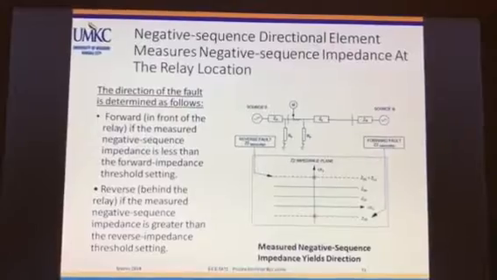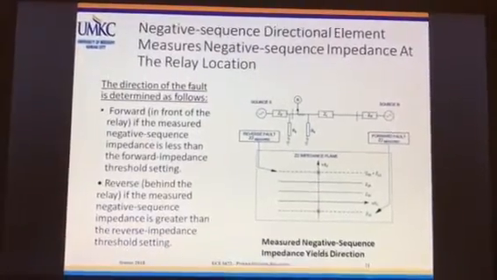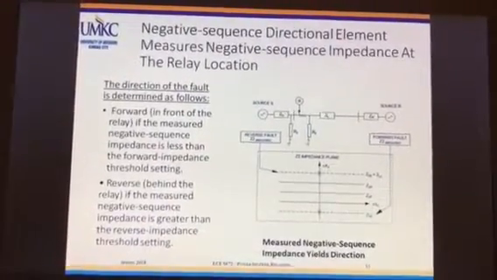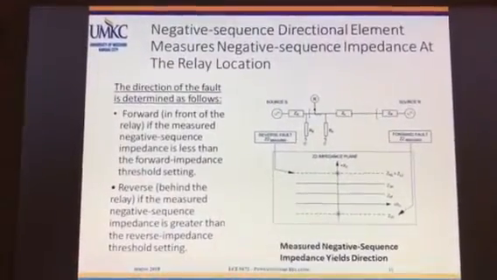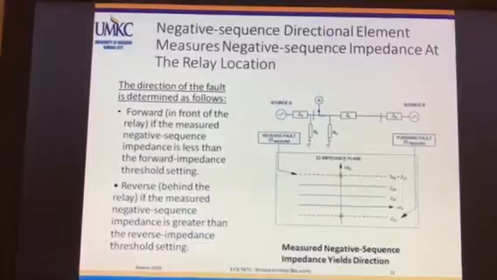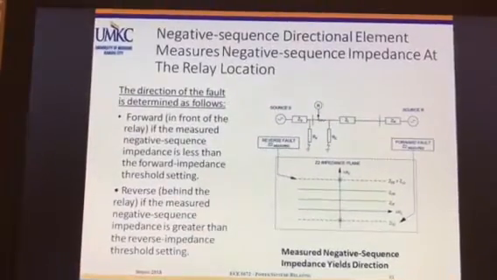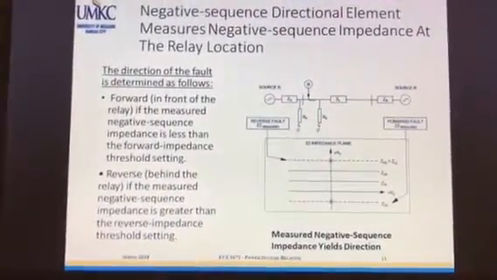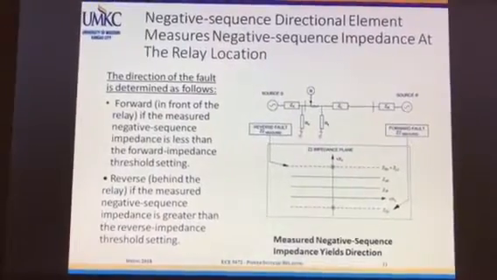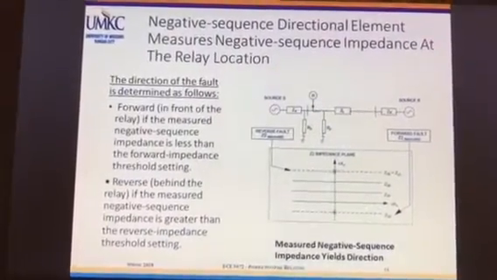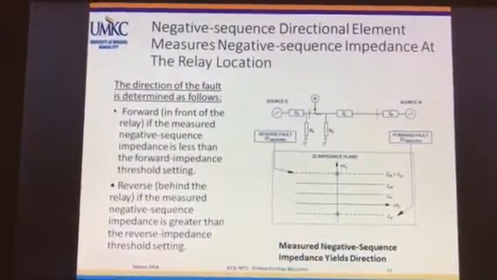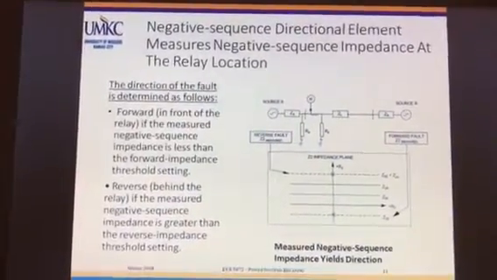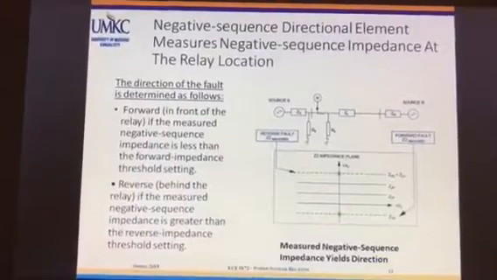Whereas if the negative sequence impedance is greater than the reverse impedance threshold setting, it will be named as reverse. It will fall in the reverse. Here you can see in the diagram, it clearly indicates the reverse fault impedance measured and the forward fault impedance measured, based on which we decide the direction based on the impedance.